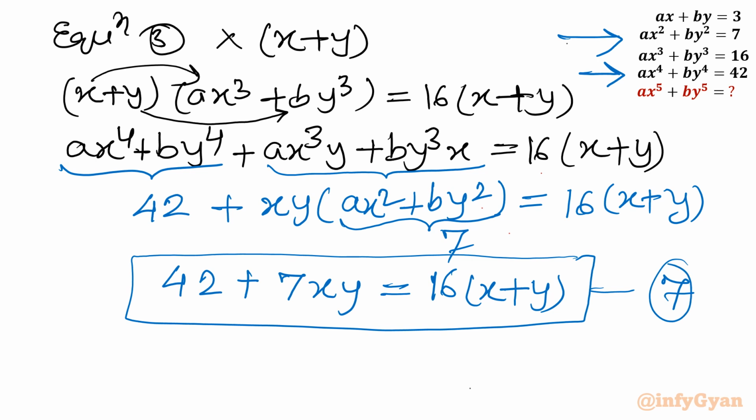Now I will substitute xy equal to, let me write here, xy equal to suppose m and x plus y equal to n. Then it will be easier to solve this system of equation number 6 and 7. So let me write equation 6 first. Equation 6 was 16 plus 3xy equal to 7 times x plus y.